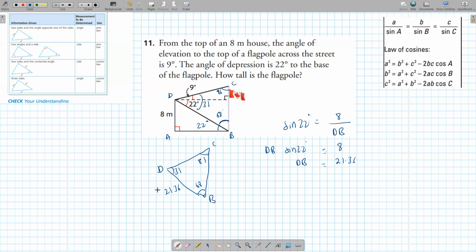Do you use sine law? Yeah, exactly. You use sine law. So what over what equals what over what? 21.36 over sine 81. Yes.